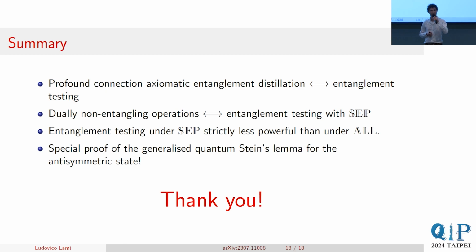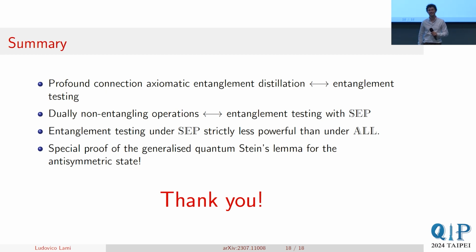Well, I don't know the answer off the top of my head, but I'm afraid it kind of trivializes, because you don't say anything about the states, you just say the dual. Yeah, exactly. I think tracing out and replacing your state with a very entangled state should still be a dually non-entangling thing, but not non-entangling.